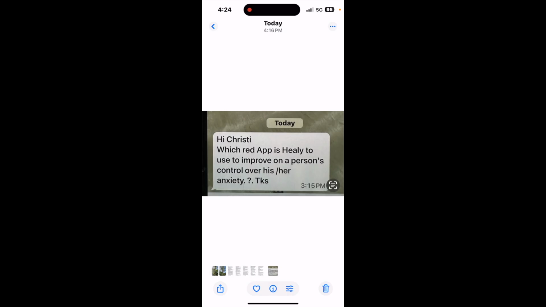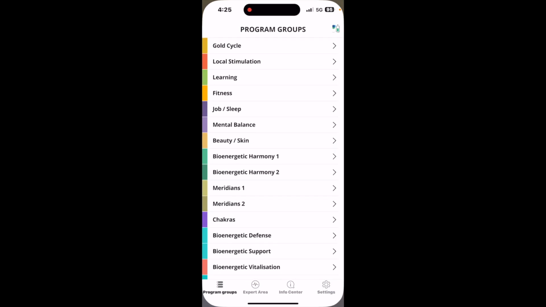Okay, so the first part I'm going to address first, acute. That means while the person is having a panic attack or anxiety, which are the programs that we can use. Okay, so let's go to the RATE app right now. These are the RATE app programs.